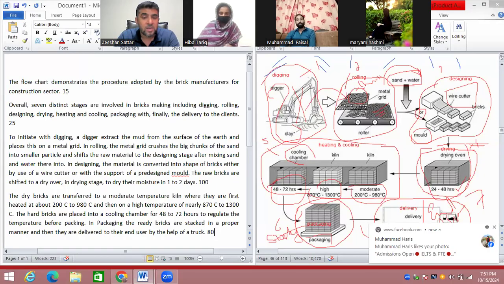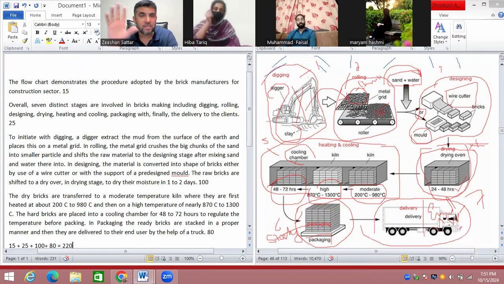Now if we calculate the total number of words we have written, it is 15 plus 25 plus 100 plus 80, and in total, this makes 220 words. I told you when we write the summary, this will be somewhere around 220 to 250 words. It was my day when I started this course 7 days back.